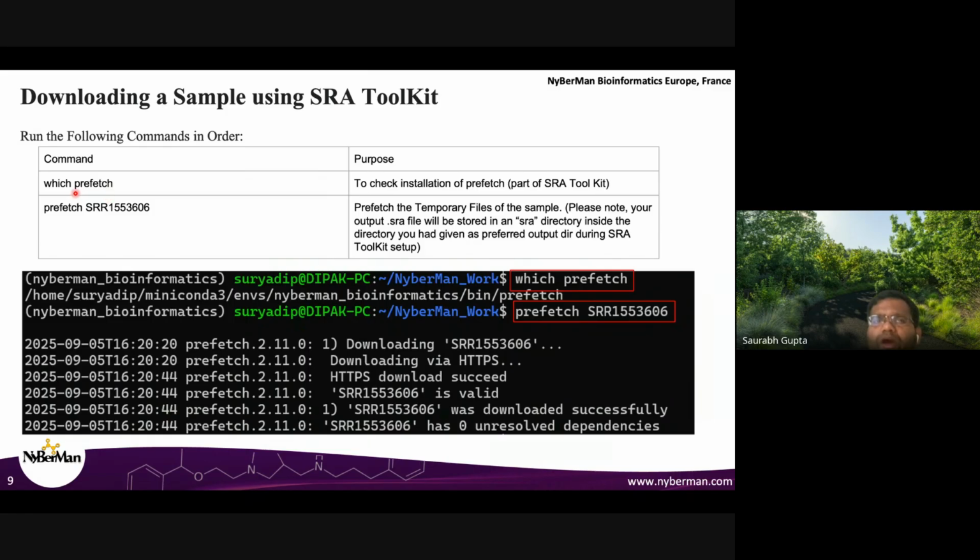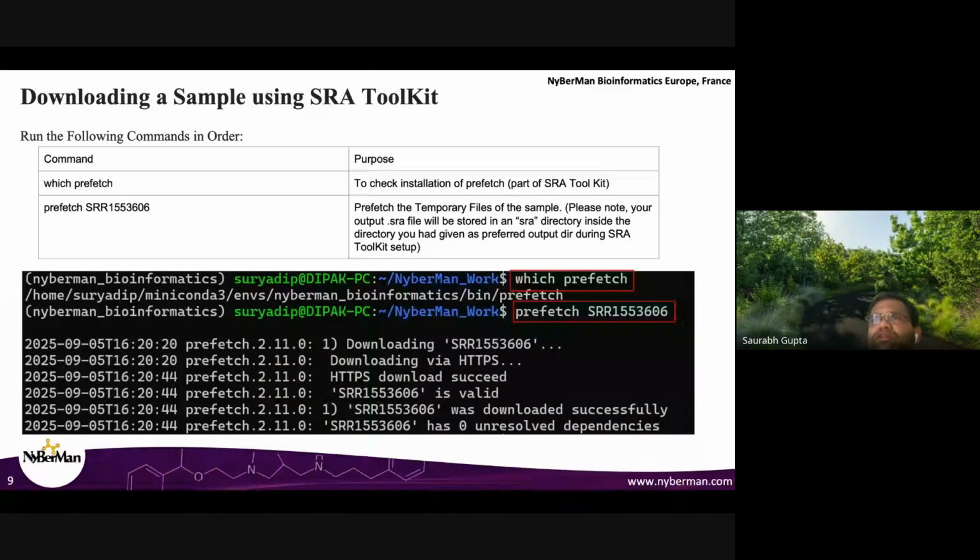The first is a command which is used to find the location of a particular tool that you have installed. In this case, we have the tool prefetch, which is part of the SRA toolkit. It will simply tell you its location, just to confirm that everything is installed and in the correct place. You don't have to run this again and again.